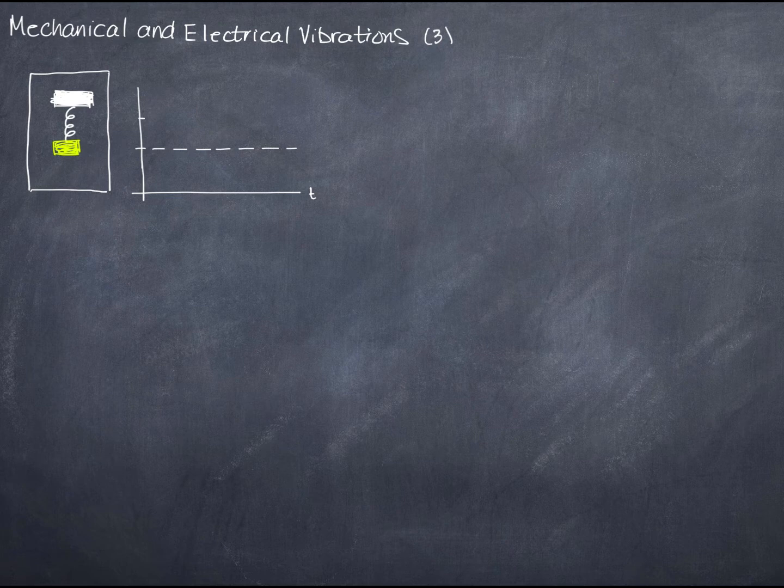So in a perfect world, what will happen is that although I'm starting by pushing this thing up here, the system will very quickly return to its equilibrium state. And in fact, it will have to initially overshoot equilibrium, but then it pretty much just comes back to equilibrium and hugs that line that we call the equilibrium line.